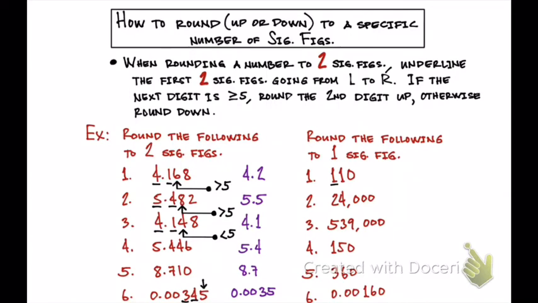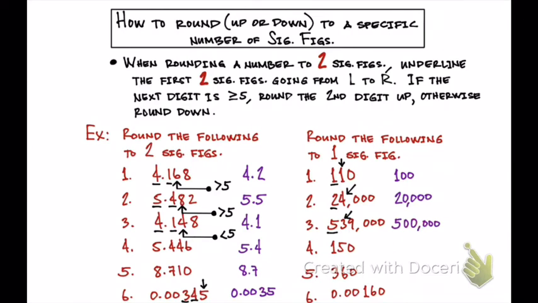And so we're going to round it down to 100. Next one is 24,000. You underline the first digit that you see, and because the second digit is less than 5, you would round this number down to 20,000. Third one is 539,000. We have the first significant digit as 5, and then compare 3 with 5. We round it down to 500,000.